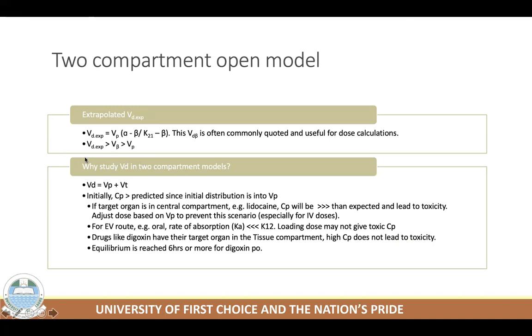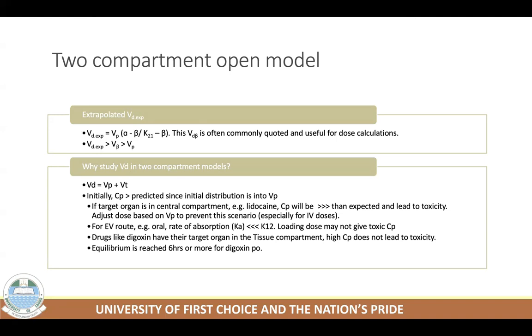Okay, so now why do we study volume of distribution in the central compartment in compartment models? The significance of understanding the effect of volume of distribution in a two-compartment model can be demonstrated if we consider the administration of a rapidly administered loading dose based on the apparent volume of distribution as Vp plus Vt.